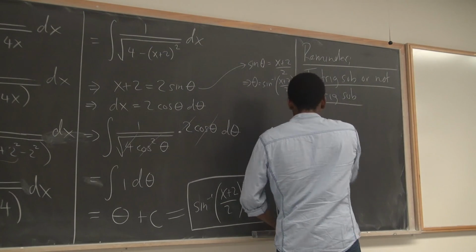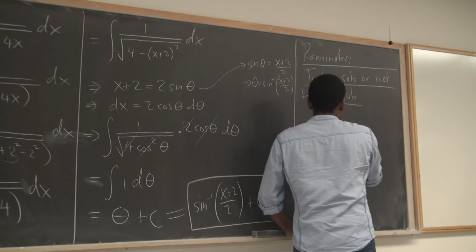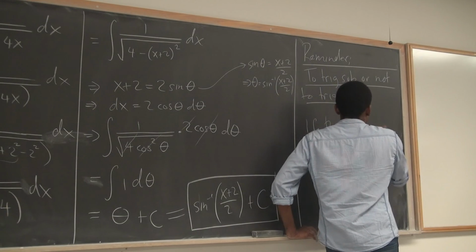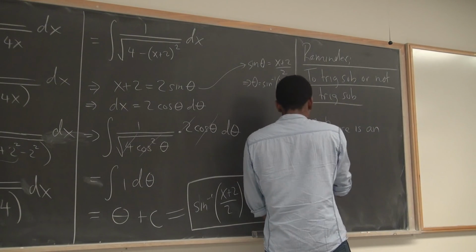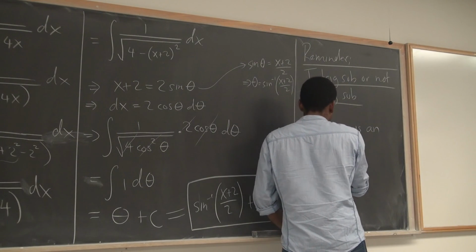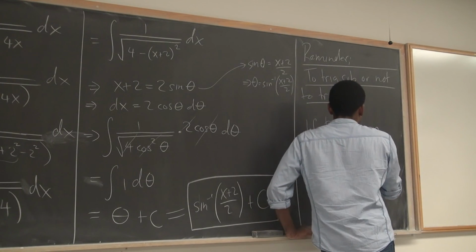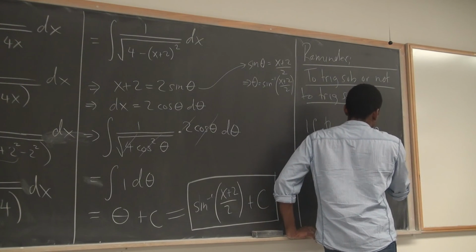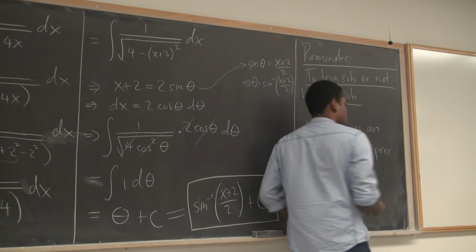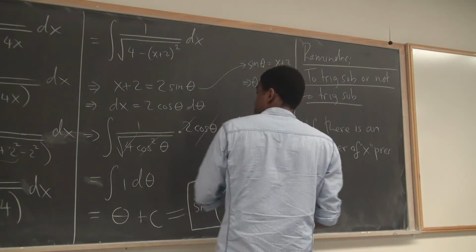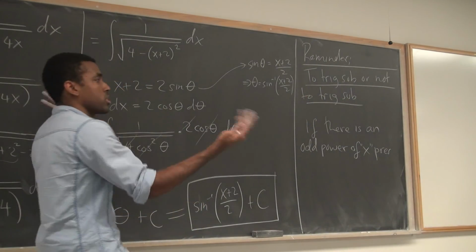Remember, if there is an odd power of x present elsewhere, and my x here just means the variable. You notice here it can be like x plus a constant or whatever.